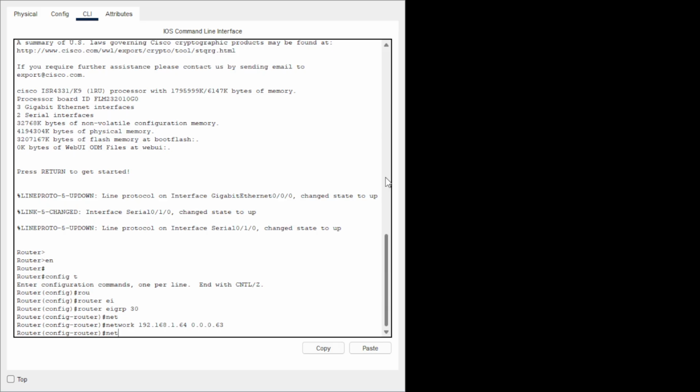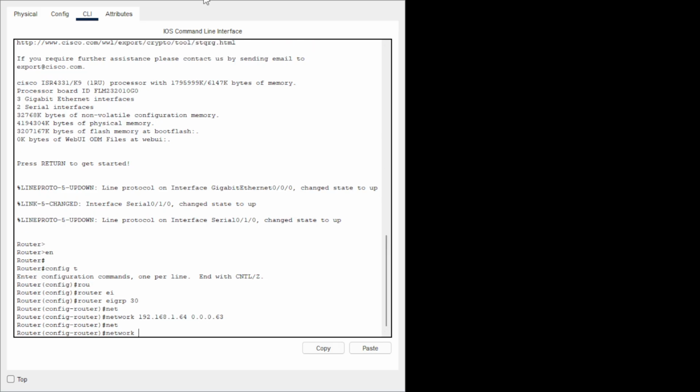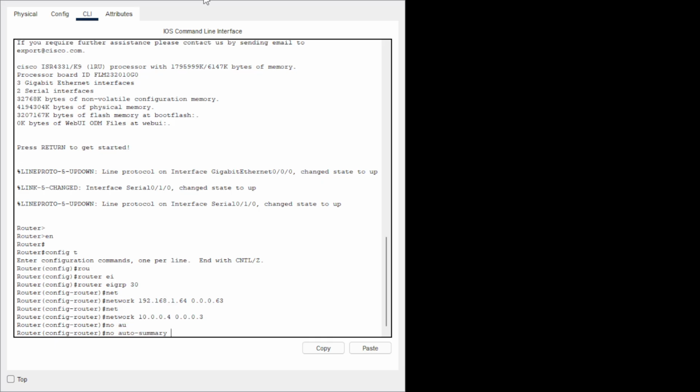The second network is connected to its serial port, 10.0.0.4 0.0.0.3, and no auto summary.